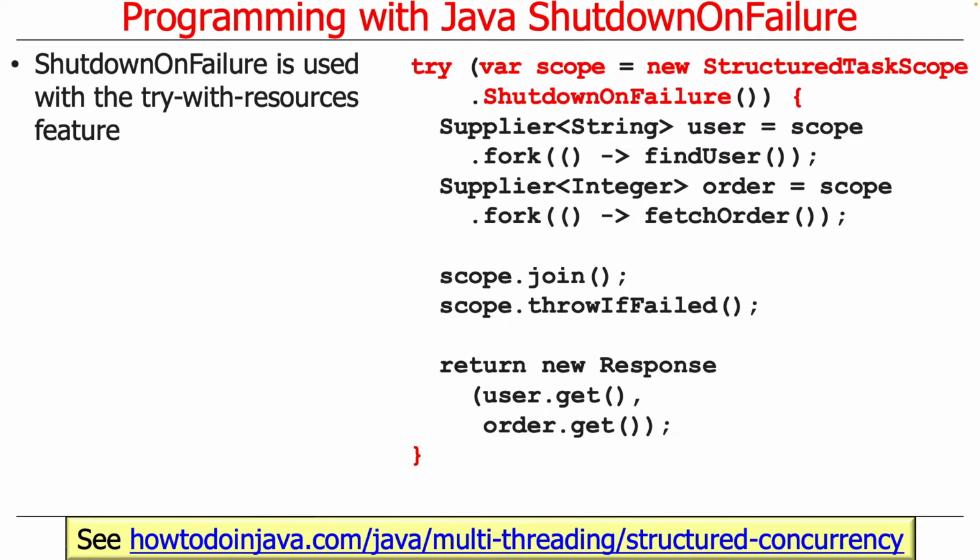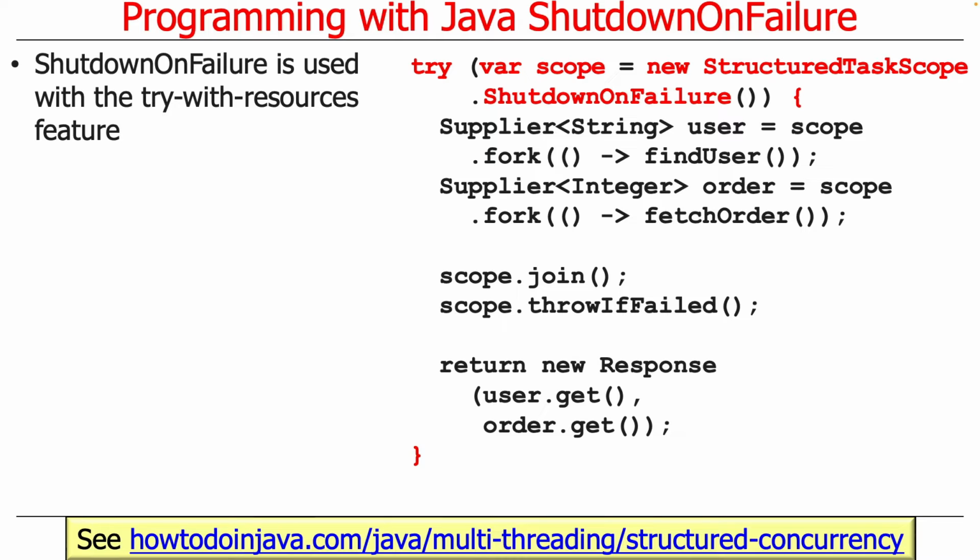Now, as we've seen before in our other examples, the try with resources feature is commonly used here. You don't have to use it. You would be crazy not to use it because it's super easy to use, and it solves some otherwise rather tedious and error-prone problems. But when you do try with resources, you initialize some variable, in this case we just call it scope, of type var, which means figure out the type from whatever this is initialized with.